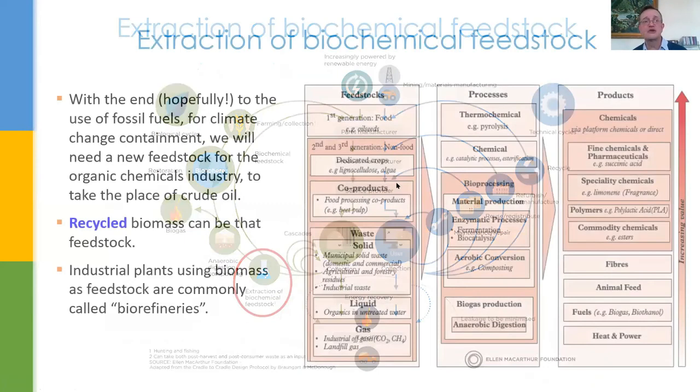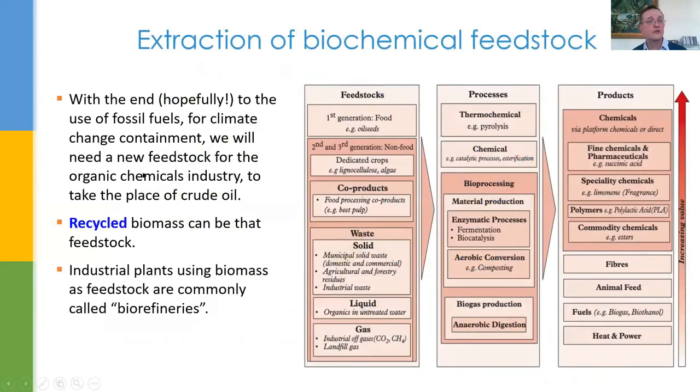Extraction of biochemical feedstock, very quickly. Hopefully, with the end of fossil fuels, we're going to need a new feedstock for the organic chemicals industry. Otherwise, we'll have no organic chemicals industry. Recycled biomass can be that feedstock, and industrial plants that use biomass as feedstock are commonly called biorefineries. Here we have an overall picture of what we could be talking about: different types of biomass feedstock.